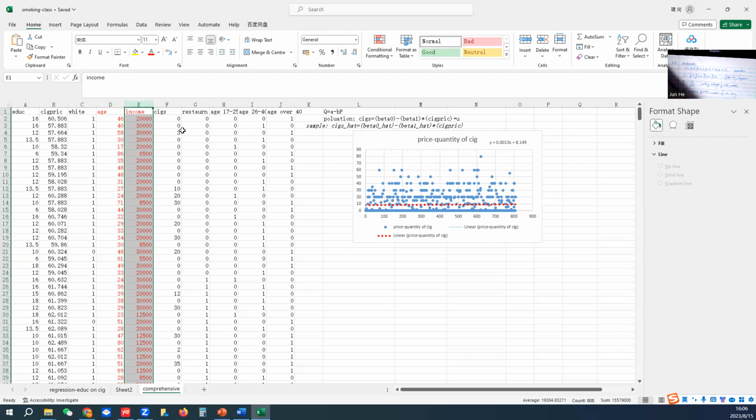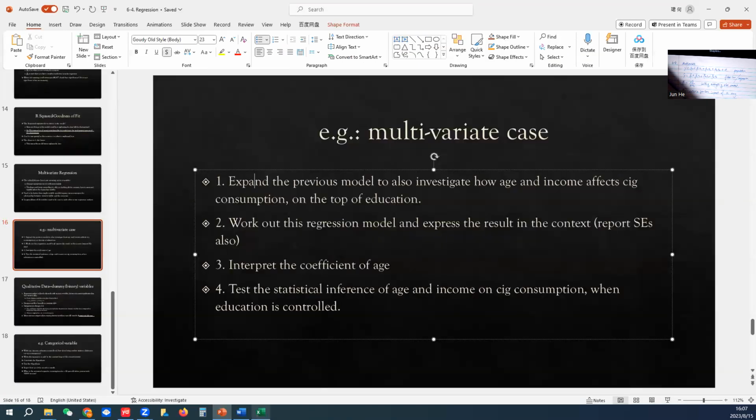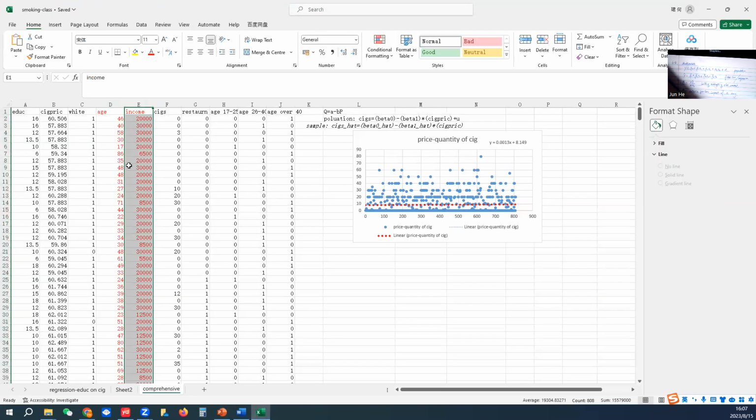Coloring sometimes makes things easier, right? The impact of age and income on cigarette consumption on top of education. That means you should also include education in the regression.